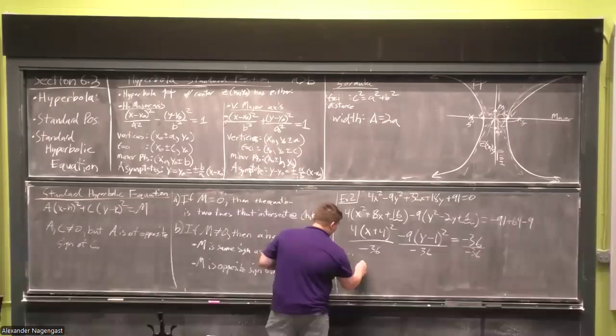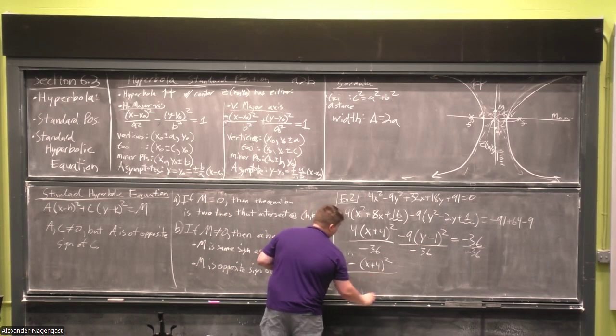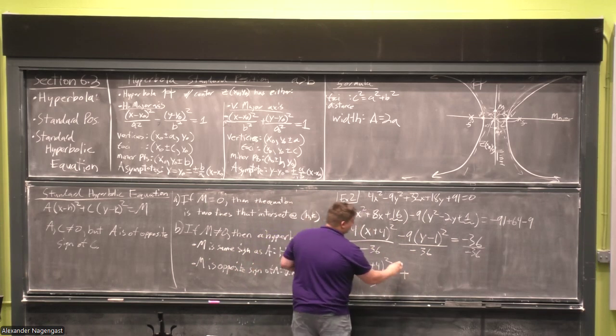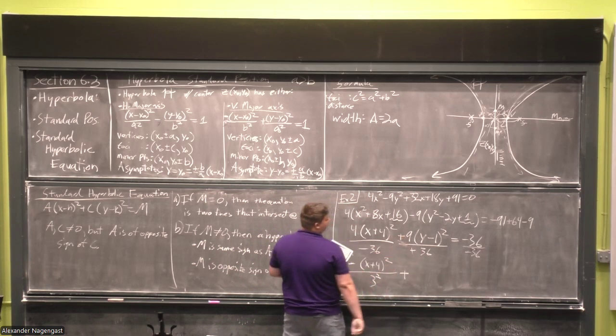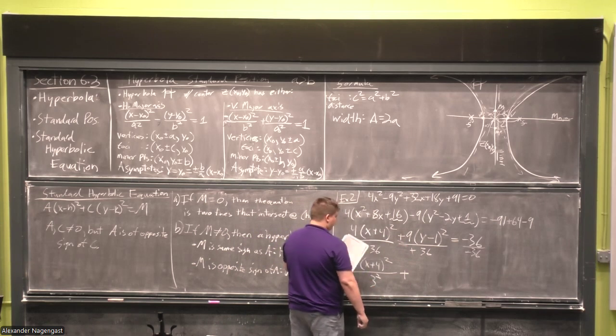So I'm going to write (x plus 4) squared, leave the negative upstairs, and divide it by 9, which is really just 3 squared. Plus, because I have a negative dividing a negative, this will now be plus. 9 divided by 36 results in a 4.